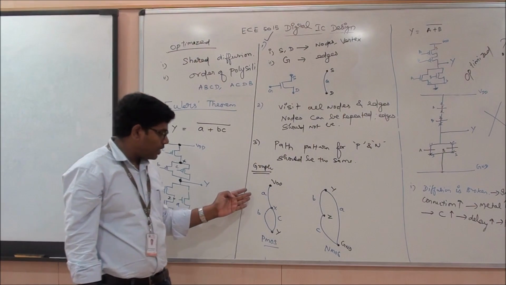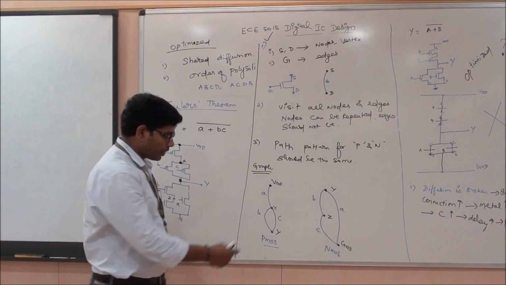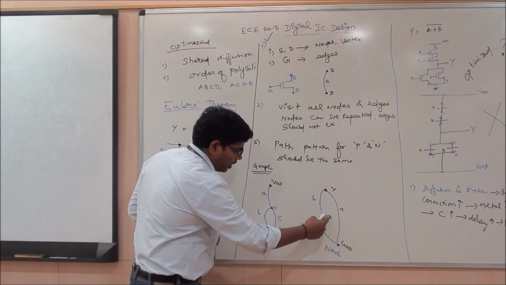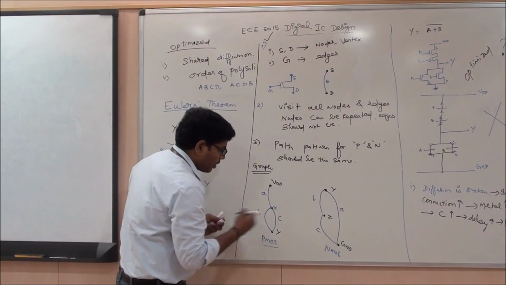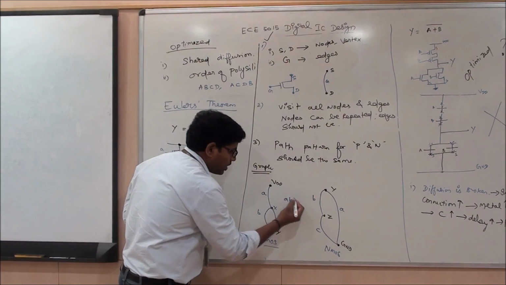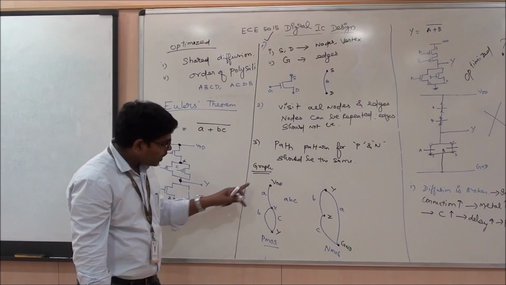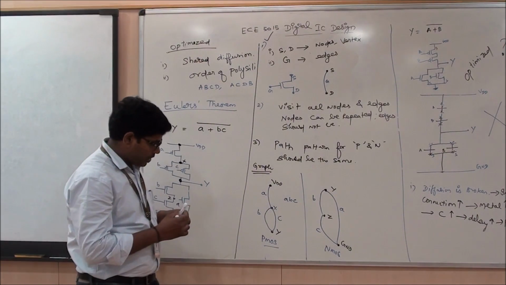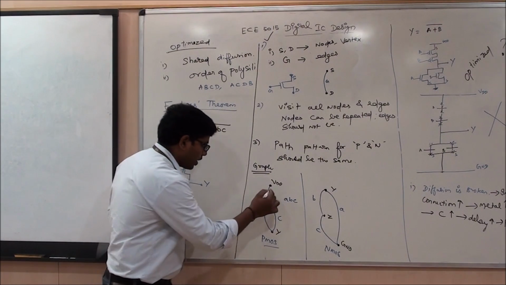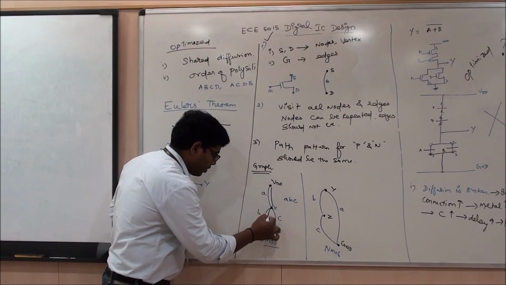Let me see whether this same order fits here also. A, B, C. Yes. So I have one pattern which is A, B, C, which is happening for my NMOS network. That is, it's like going here. A, B, C.